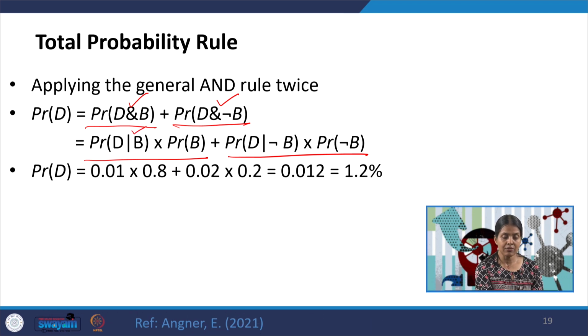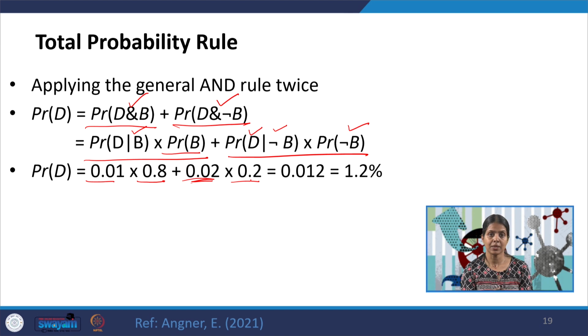The probability of D given B, that is, it is produced by machine B and then turns out to be defective, is 0.01, and the probability that any randomly picked frisbee is produced by machine B is 0.8. Similarly, the probability that it is defective given that it was produced by machine not B is 0.02, and the probability that any randomly picked frisbee is produced by machine not B is 0.2.